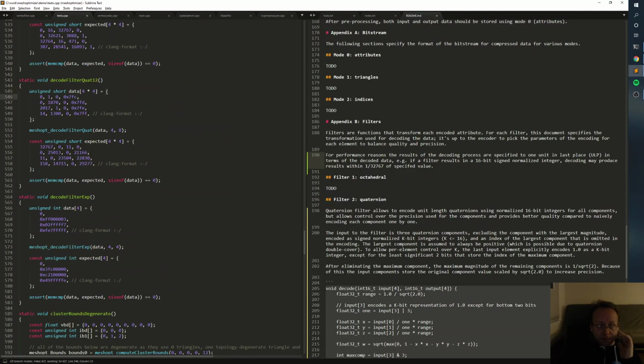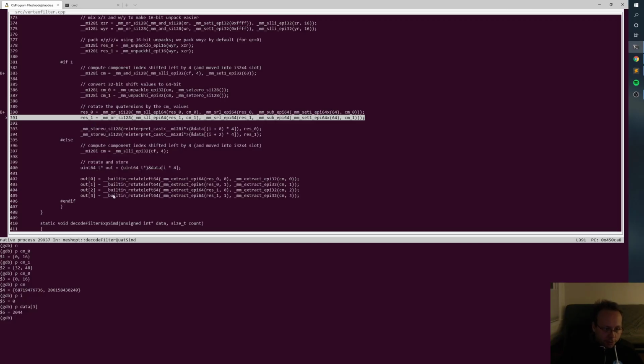C, D, E, F. Yeah, so my masks are 0, 1, 2, 3. Very easy to follow. So my shift values... Oh! Of course. Or not.